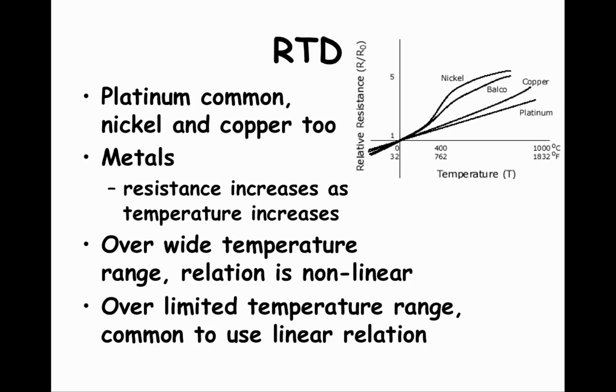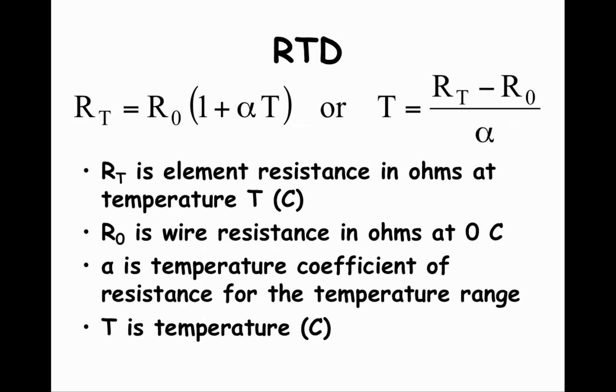Over fairly wide temperature ranges, the relation between metal resistance and temperature is nonlinear. The common practice is to use RTDs over a more limited temperature range so that the relation used can be assumed to be linear without creating large measurement errors. Here is a linear relation used over a limited temperature range.